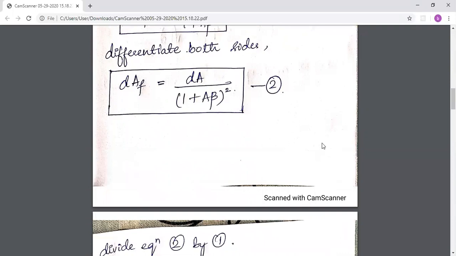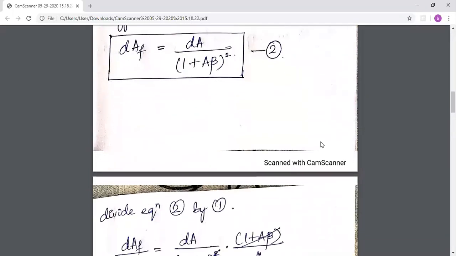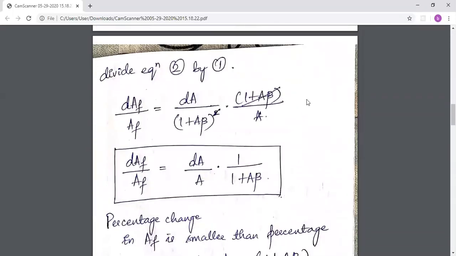Now I divide equation 2 by equation 1. Upon dividing, what I get is dAF by AF equal to dA by A into 1 by 1 plus A beta. Let's say dx by x is the percentage change in x. That is how we read it.